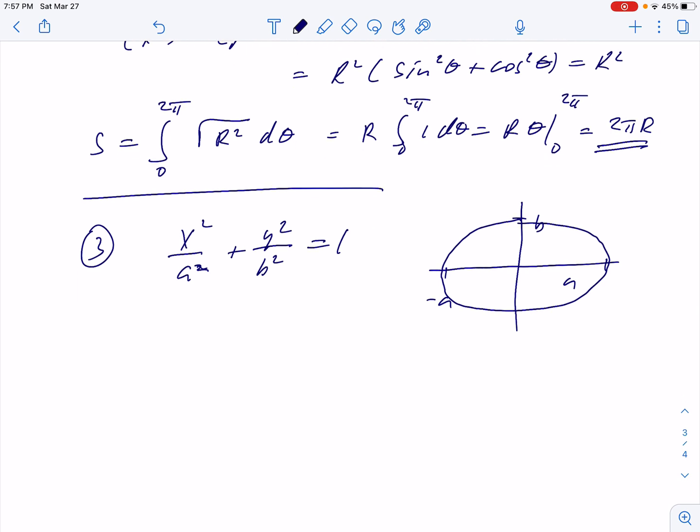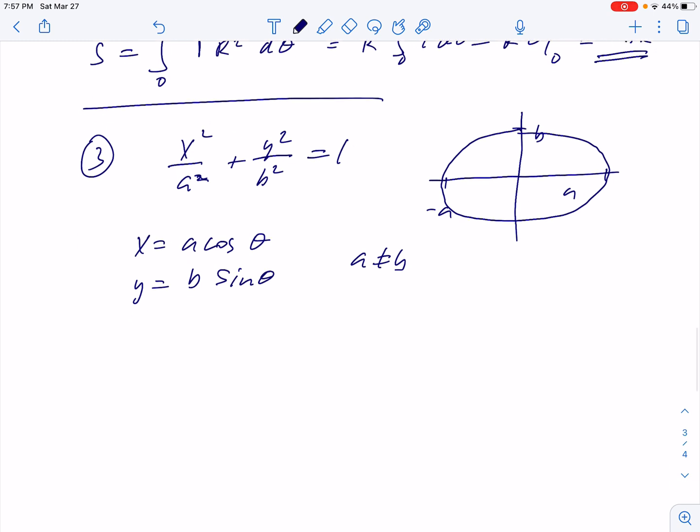Parametric representation is x equals a cosine theta, y equals b sine theta. Because we want to talk about the real ellipse, we did the circle already, we assume that a is different from b. Otherwise you have our circle. In the parametric representation, for one complete tracing, we have theta between 0 and 2 pi.